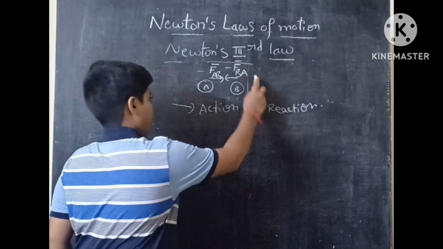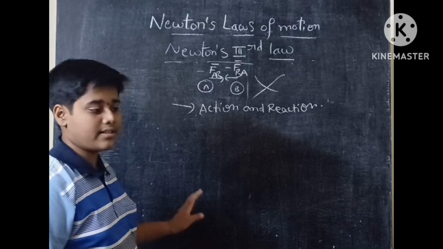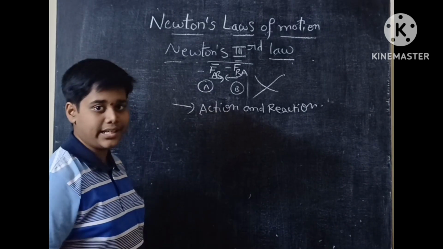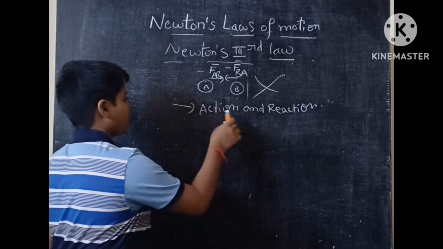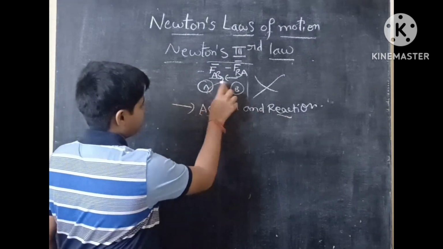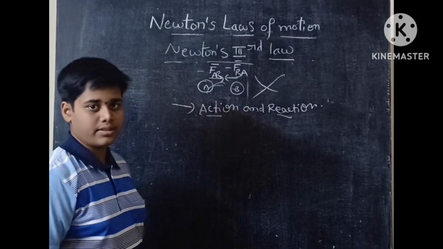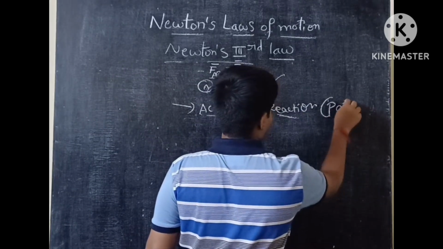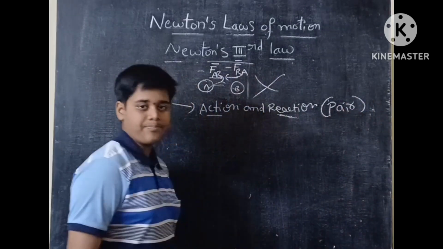But that is wrong, because action and reaction are both a pair we are usually taking to understand. So that is not really action and reaction. First this is, next this is. These are only a pair for our understanding.